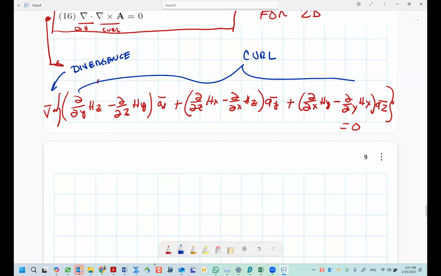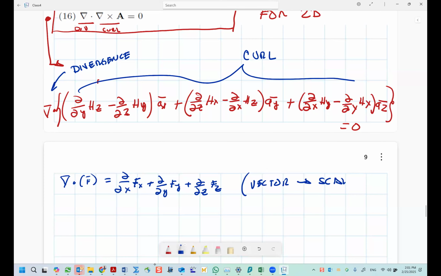The divergence, as we saw before, of a vector F is d dx of Fx plus d dy of Fy plus d dz of Fz. So it takes you from a vector to a scalar, just like the curl takes you from a vector to a vector.